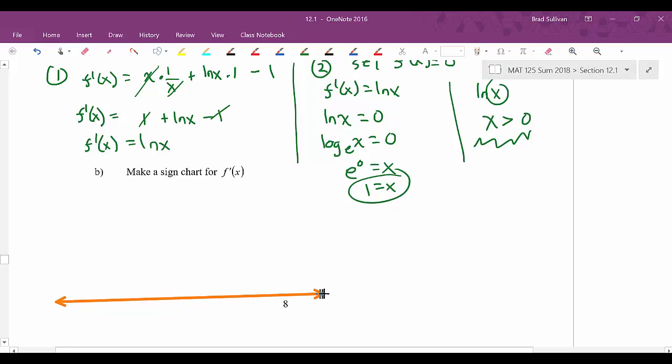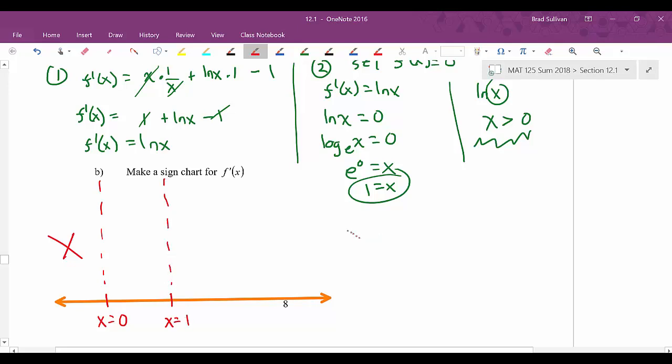Always just kind of do the same thing, just draw a number line. And this time what we're going to do is we have x equals 0, and then there's no graph there, okay, because the logarithm, you have to do a log of a positive number. Then you have your critical number, x equals 1, and you're just going to do test points.